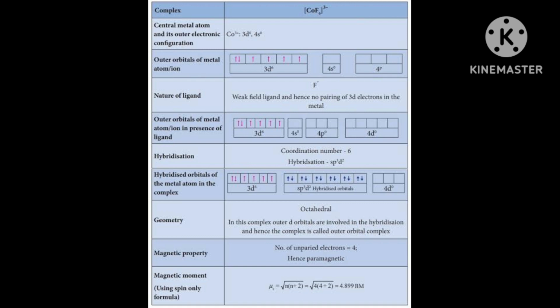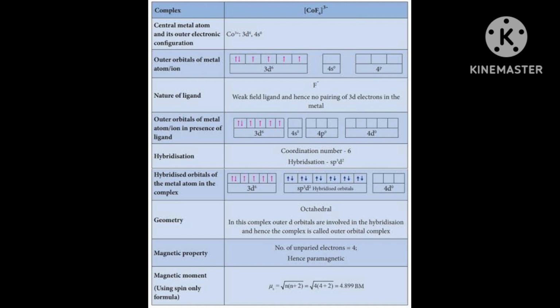The paramagnetic octahedral complex, its example I am telling you, is cobalt F6 3 minus. You should keep these names in mind, because a limited number of complex ions are there and they have a special color also.